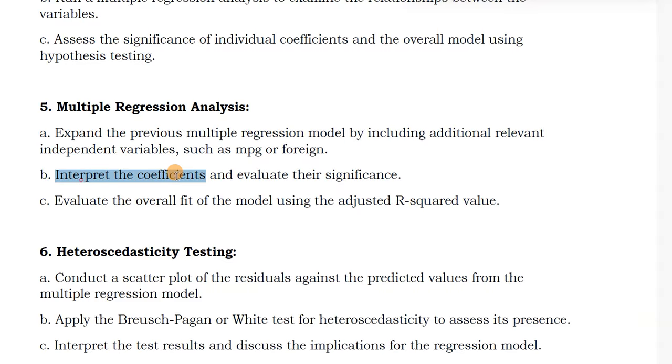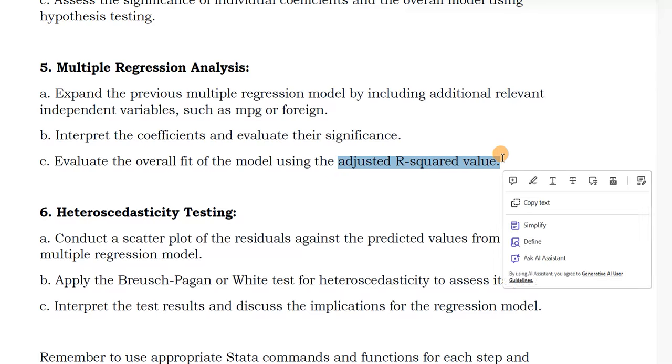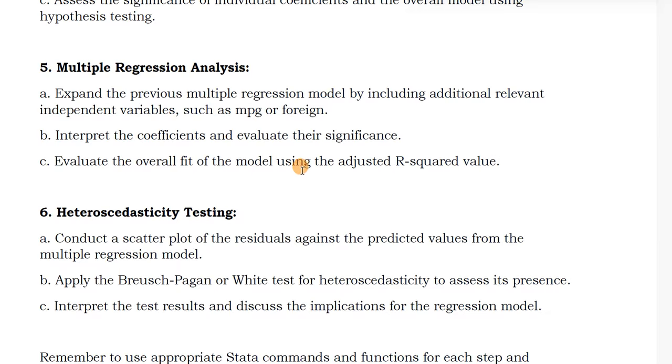And then you need to interpret the coefficients, evaluate their significance, and essentially we're also looking at the adjusted R square, the changes before adding the two variables to having 4 x's. What was the adjusted R square before and after, yes.